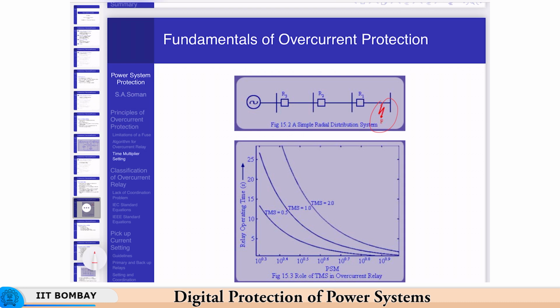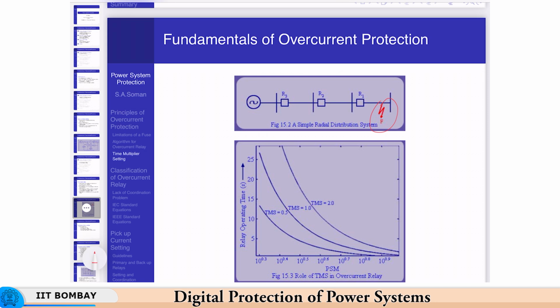So, there won't be much difference in fault current, and you cannot have discrimination on the basis of fault current. The relays R1 and R2 may see the same fault current. So, if you put instantaneous relays here, you cannot guarantee which one will operate first, and R2 is supposed to be a backup to R1.